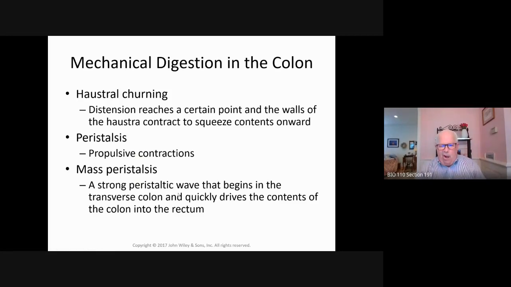It is a strong peristaltic wave that begins in the transverse colon and quickly drives the contents of the colon into the rectum, and you better sit down on the toilet because you're going to have a bowel movement. That's called mass peristalsis.